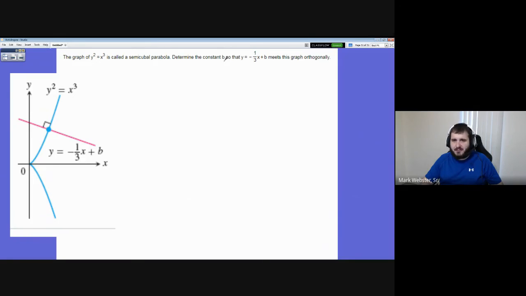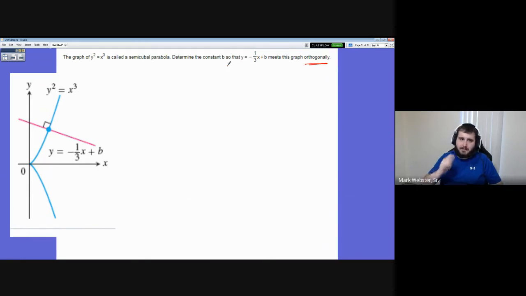We want to know what the constant b is so that this meets the graph orthogonally. Don't think too hard about this. Find the normal line, that's what orthogonally is telling you. This says find the normal line. Determine the constant b.